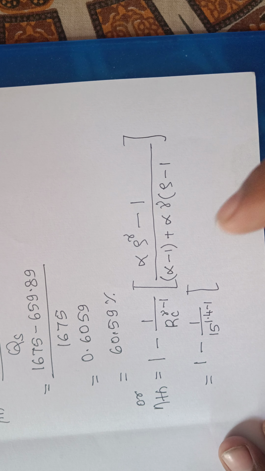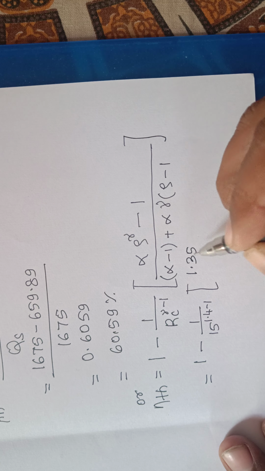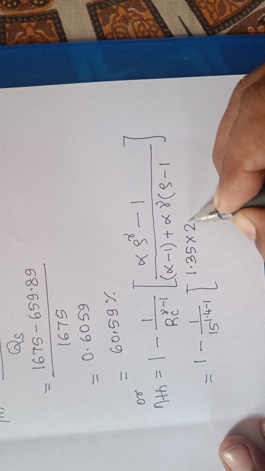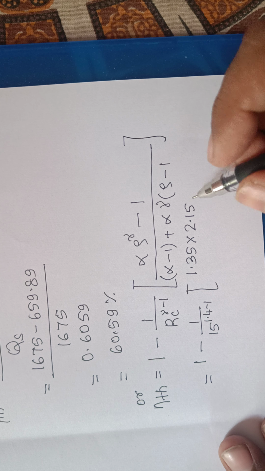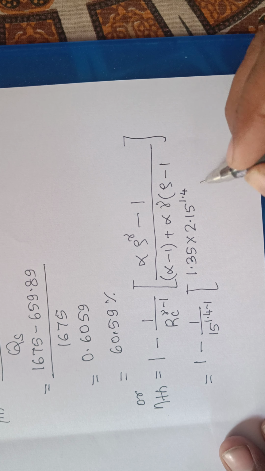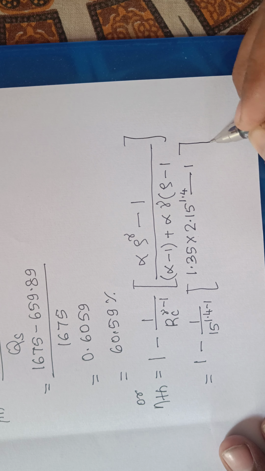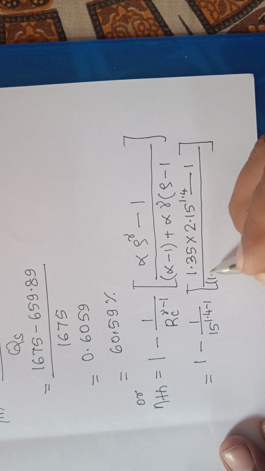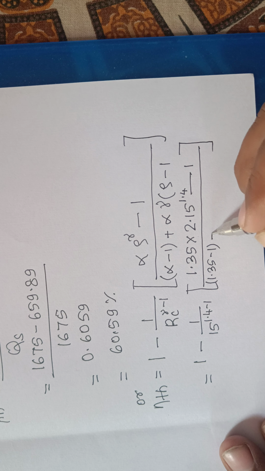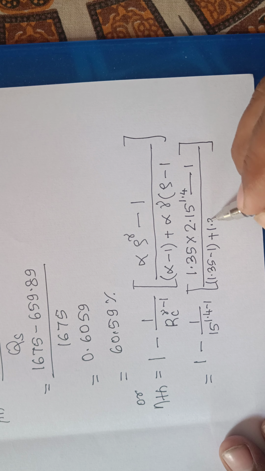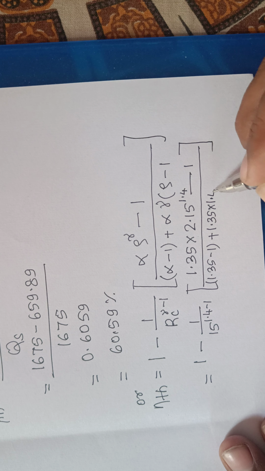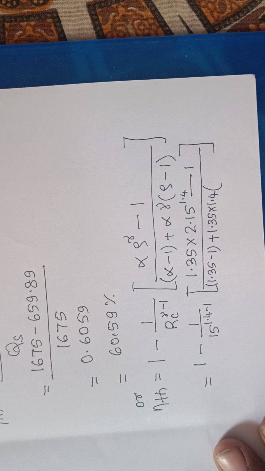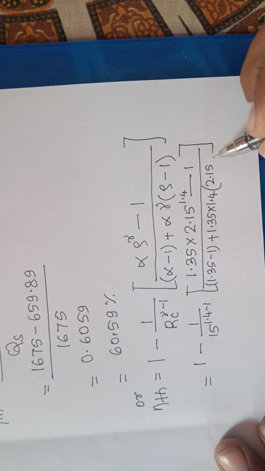Alpha is 1.35, into the rho value you have found out, 2.15 raised to 1.4 minus 1, divided by alpha is 1.35 minus 1, plus alpha is 1.35, gamma is 1.4, into bracket rho, you have found out the value of rho, it is 2.15 minus 1.